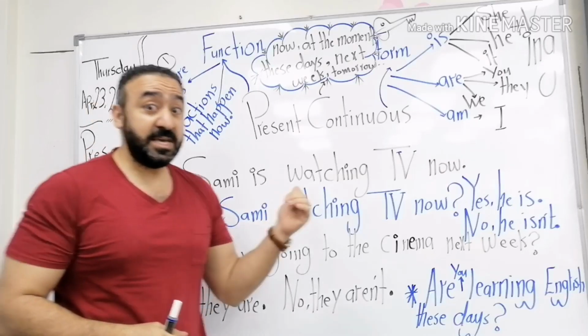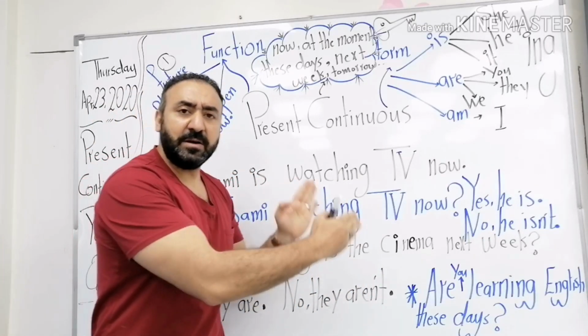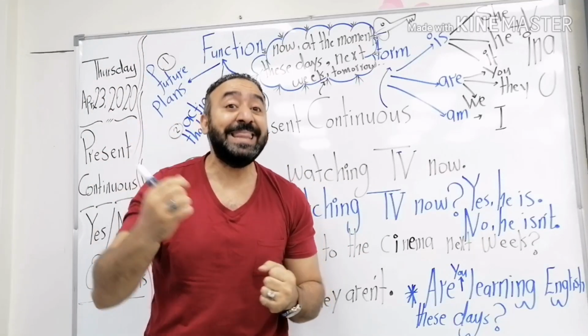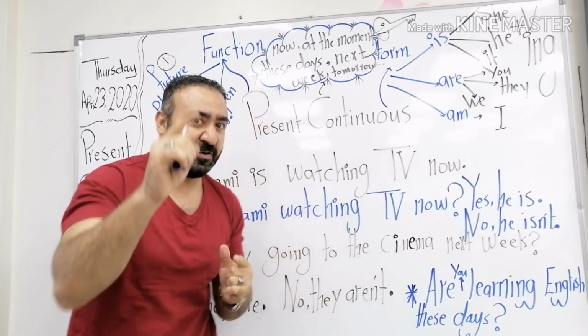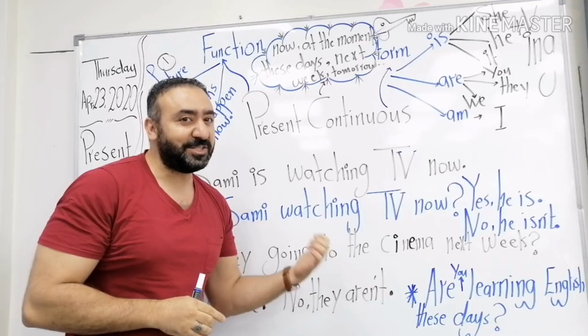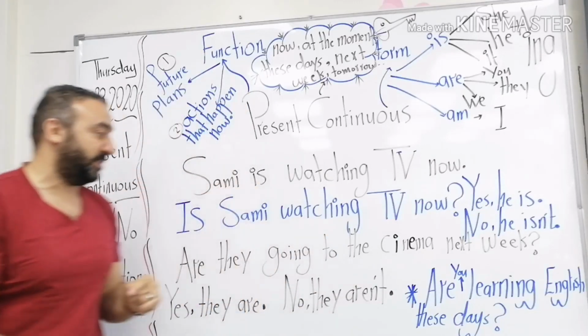The answer, yes, he is, or no, he isn't. As you see here, the answers are exactly like the answers we use in the noun clause in the present, if you still remember. Yes, he is, or no, he isn't. The same. But the question, the structure is different. Why? Because we have a verb, we have an action.